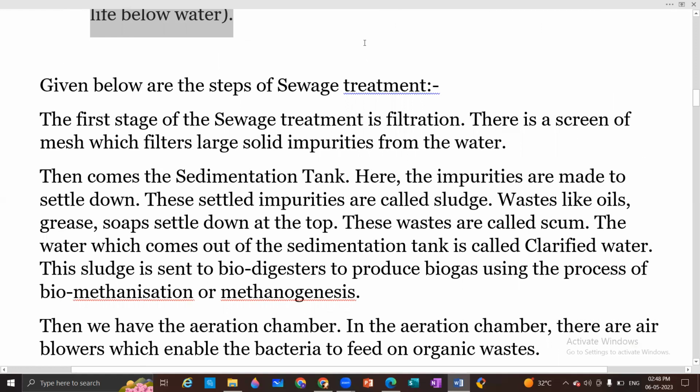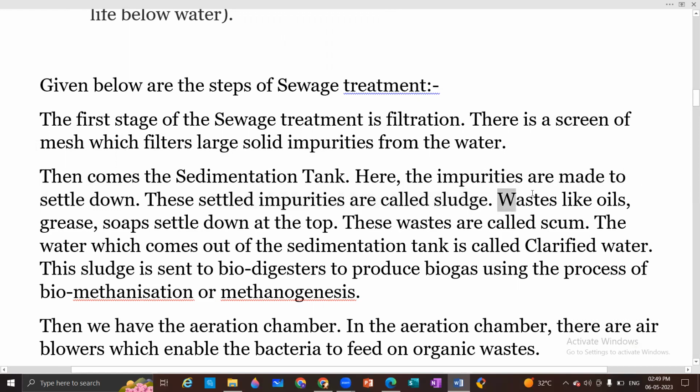So the first step of sewage treatment is filtration. There is a screen of mesh which filters large solid impurities from the water. Then comes the sedimentation. Here, the impurities are made to settle down. These settled impurities which settle down at the bottom of the tank are called sludge.